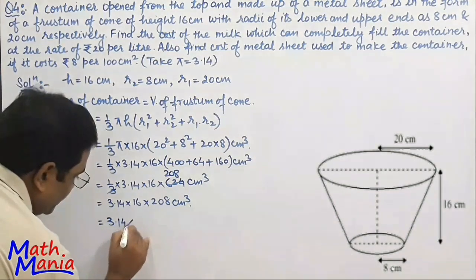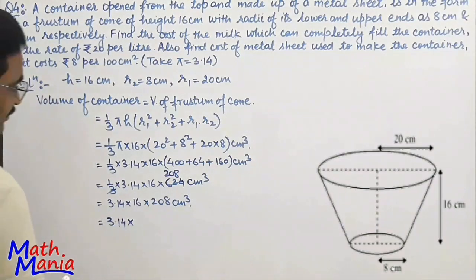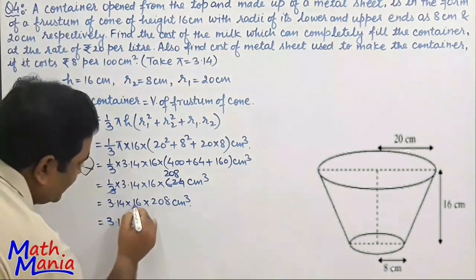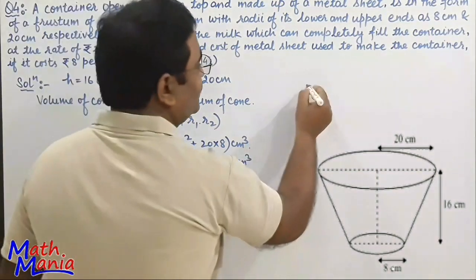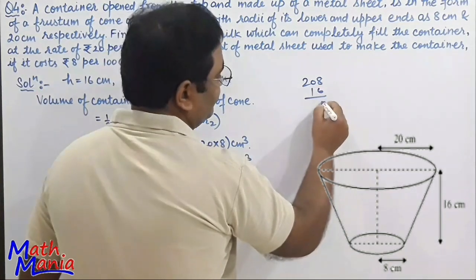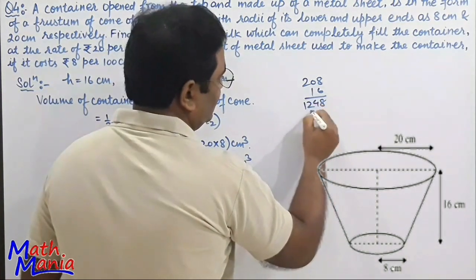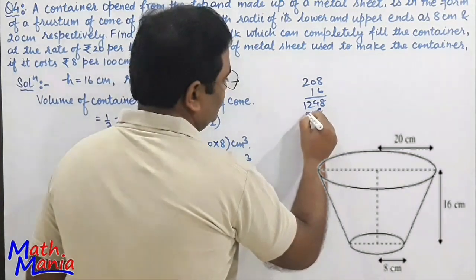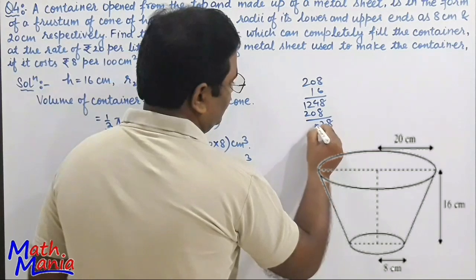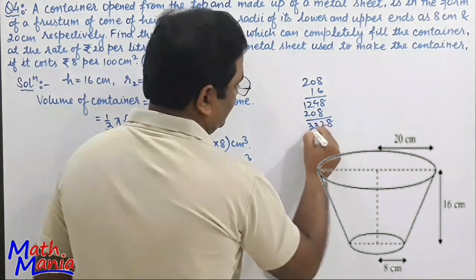Okay friends, so let's multiply: 3.14 into 16 into 208 we have to multiply. So 208 into 16, that is 6 eights are 48, 6 twos are 12, and so on.